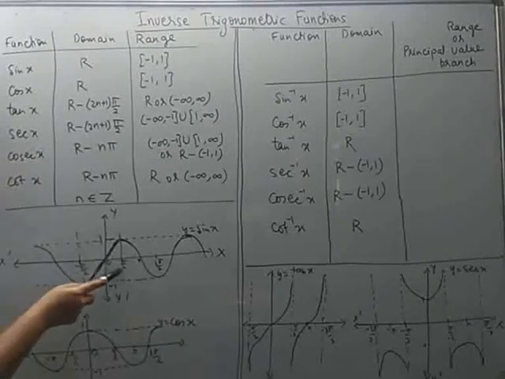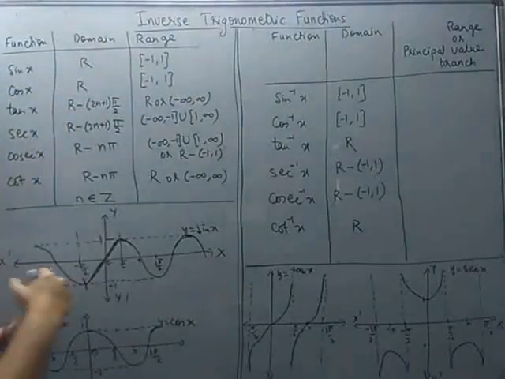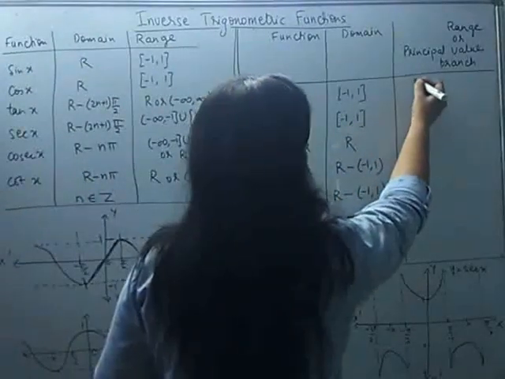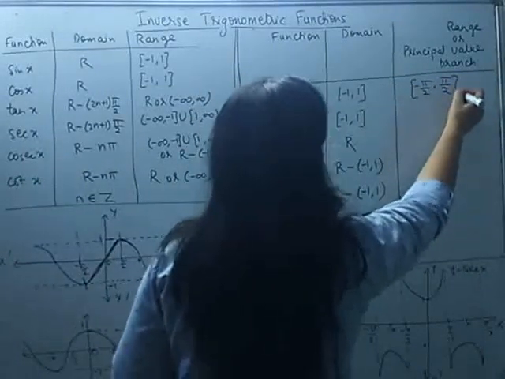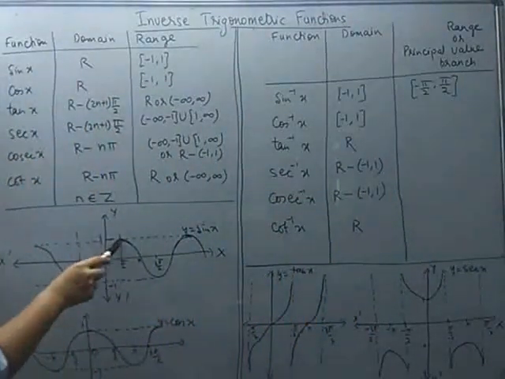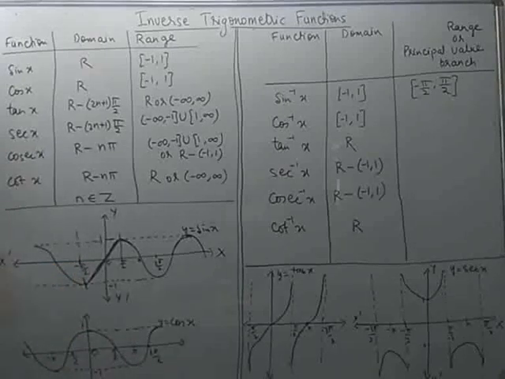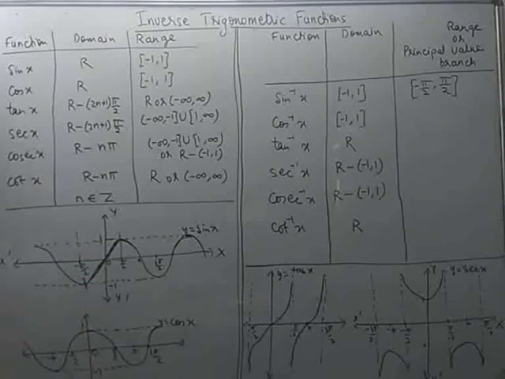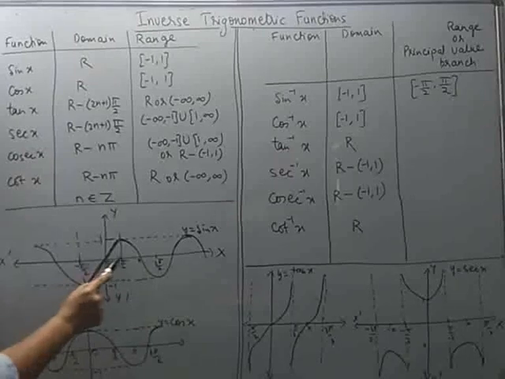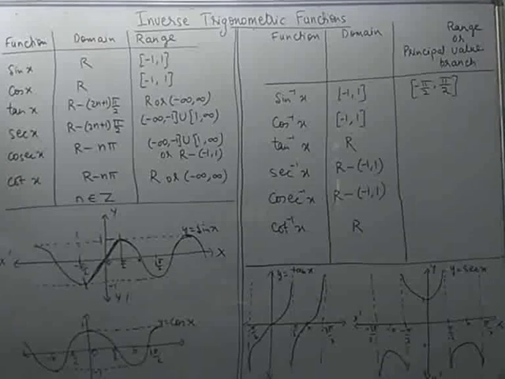So if I restrict my angles to this part only instead of R, then look at this particular part. In this part, the value of y is not getting taken by two values of x. From minus pi by 2, each angle is different from the other and x is taking different values. And corresponding to that, y is taking different values.